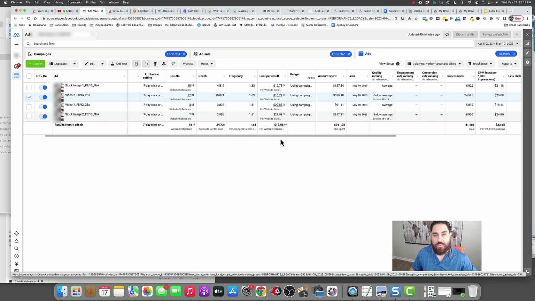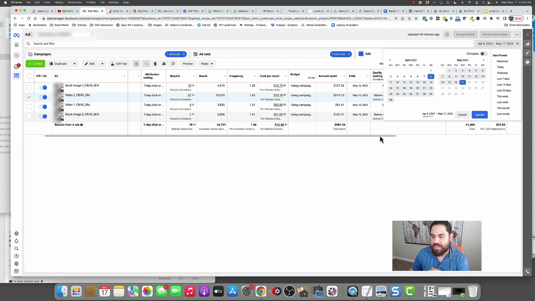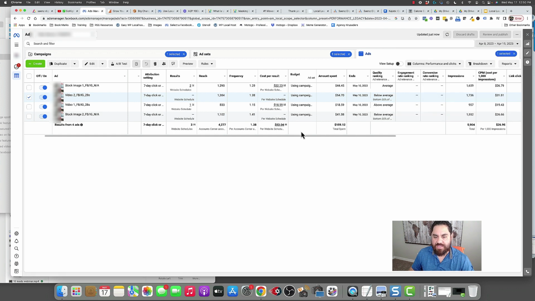They're being profitable, and my cost per lead is manageable to an extent that I can continue to grow this. But what I want to show you is how we got there so that you understand how to properly optimize and touch campaigns. What I'm going to do here is filter these ads from the very first week. They started April 8th, and I'm going to go from April 8th through April 15th so you guys can see what's happening here.